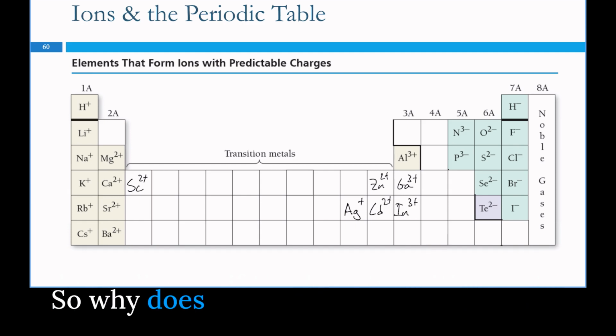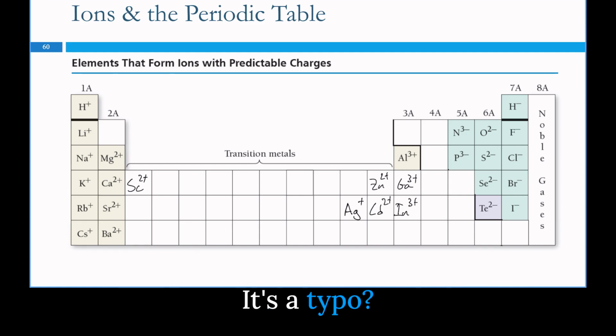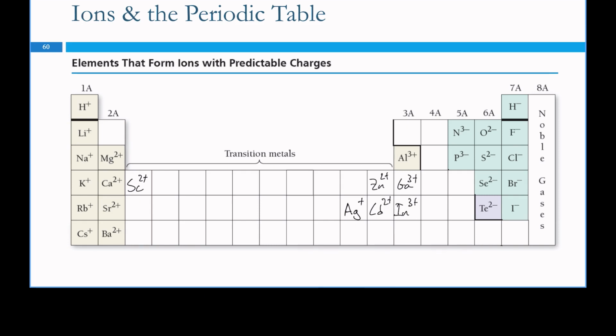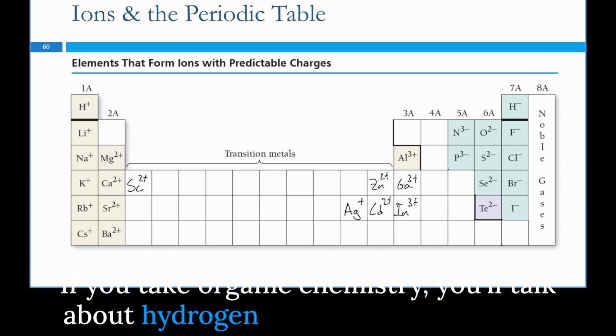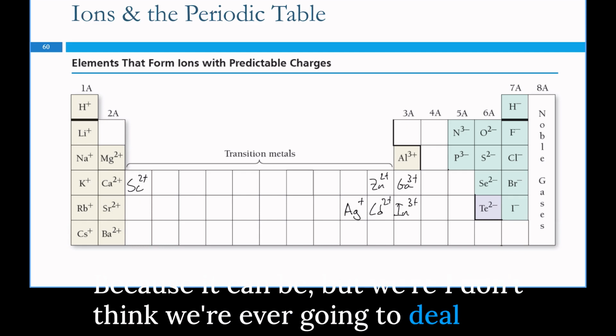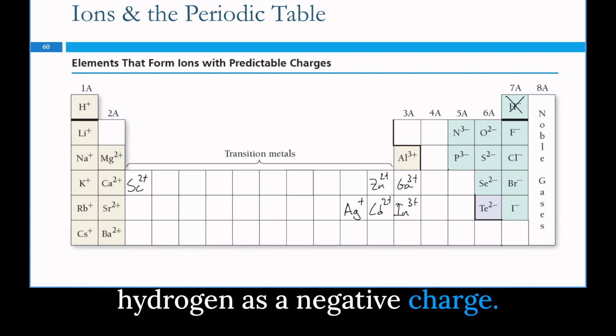Yeah. So why does hydrogen have 2 charges? Or like why is it shown twice? It's a typo? Maybe? No. But helium's a noble gas. If you take organic chemistry, you'll talk about hydrogen with a negative charge. Because it can be, but I don't think we're ever going to deal with hydrogen as a negative charge.